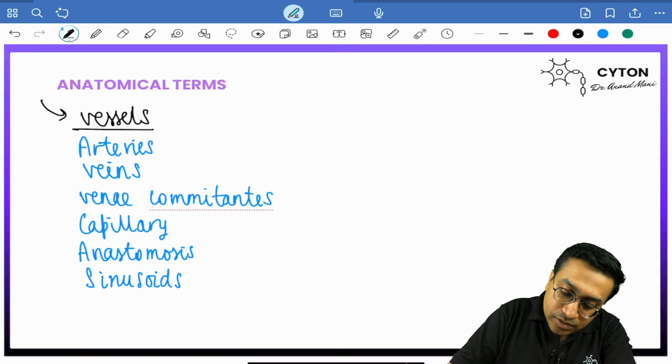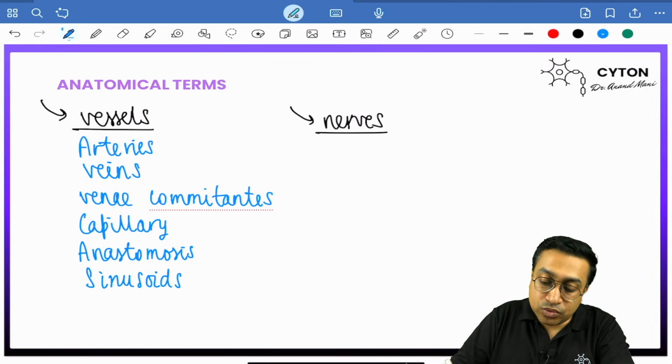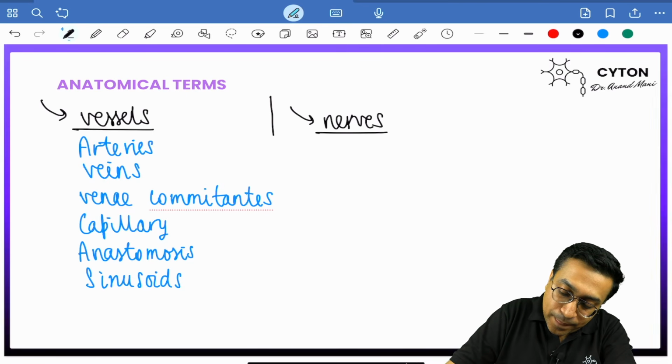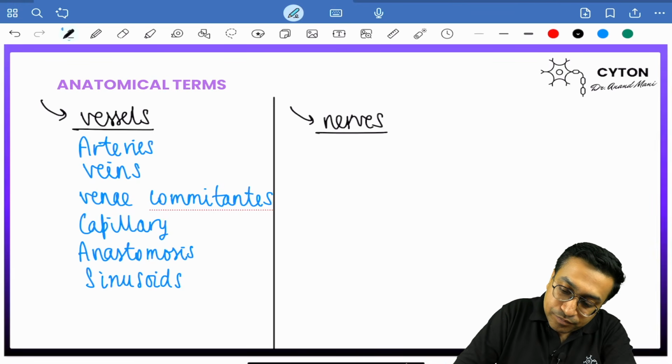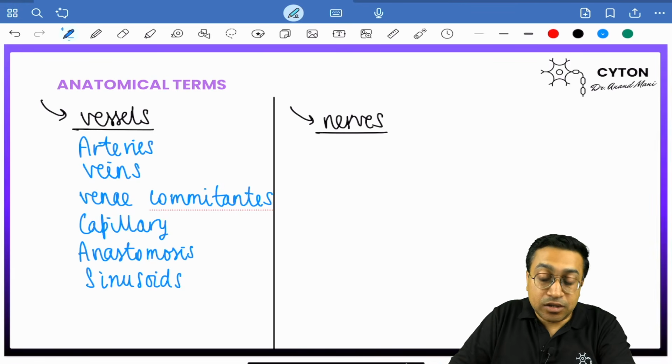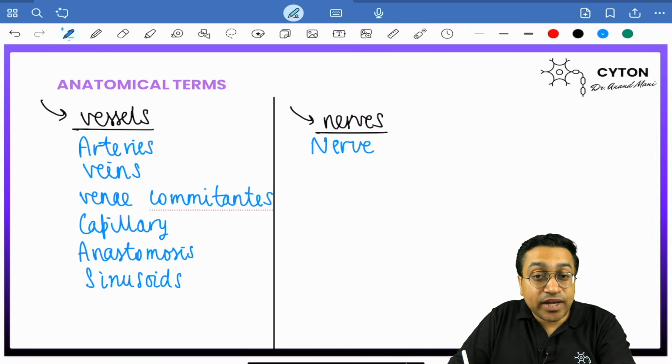Then there are terminologies for the nerves. Okay, what are those? The nerve itself, that is the cord like structure which consists of bundles of nerve fibers.